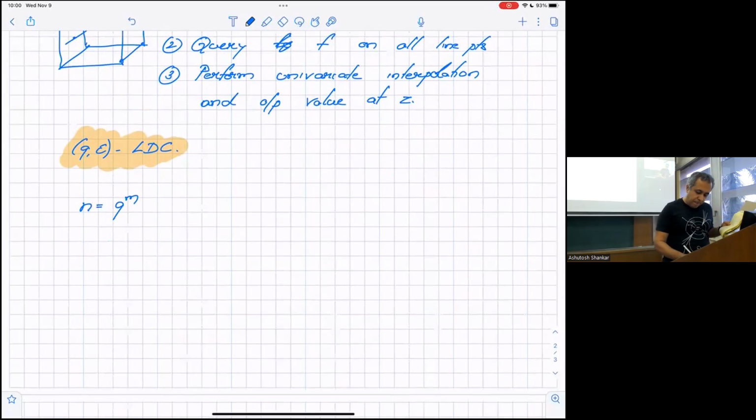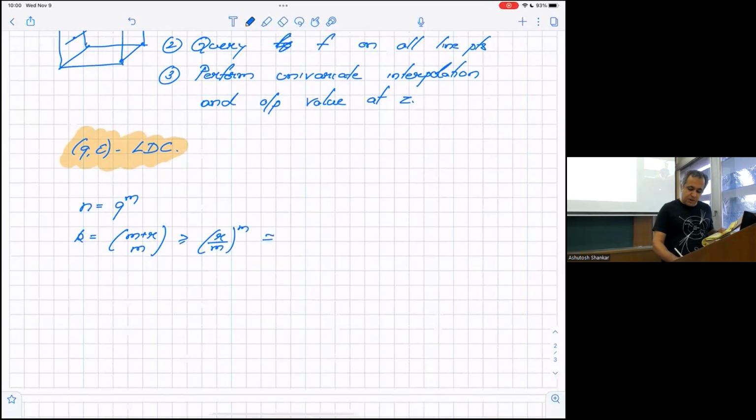What is k? This is the large field setting, so k is exactly m plus r choose m, which is at least r by m, the whole power m.